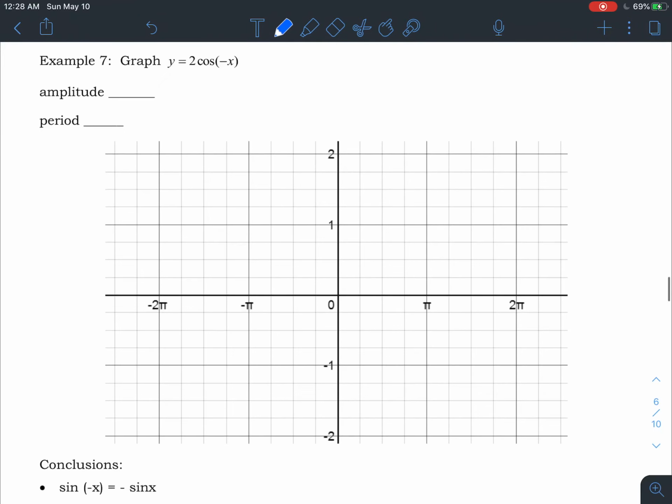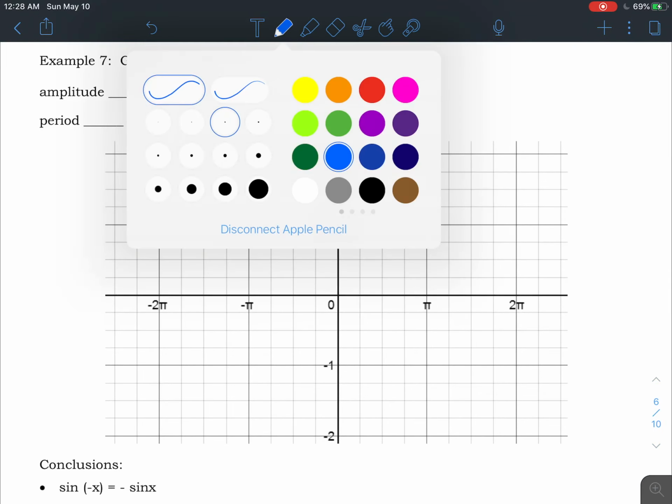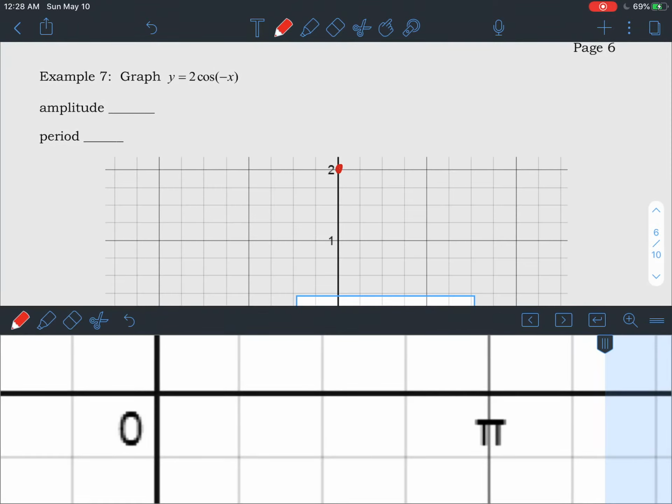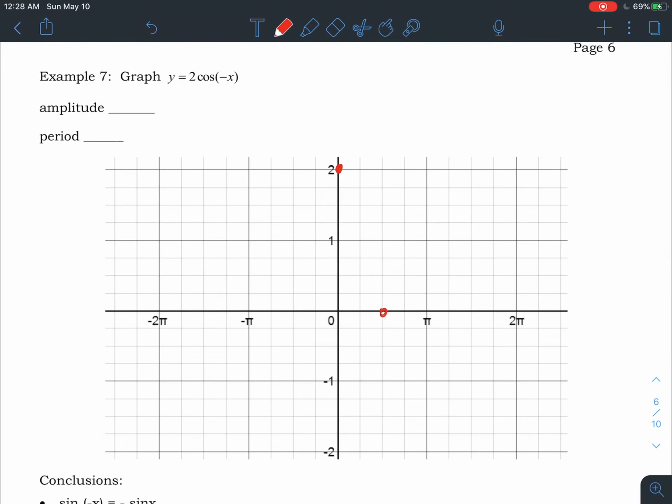Now, if I did the same thing for my horizontal reflection, so regular, same information, but I'll do that in red again. If now I'm horizontally reflecting my regular 2 cosine of x, down to negative 2, back there, up to positive 2.